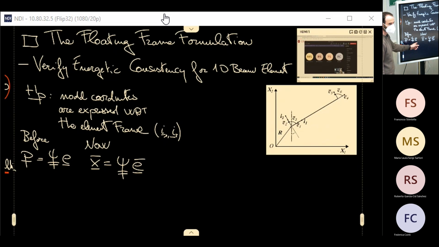So we do not want anymore to relate the nodal coordinates expressed with respect to the inertial frame to the position of the point with respect to the inertial frame.